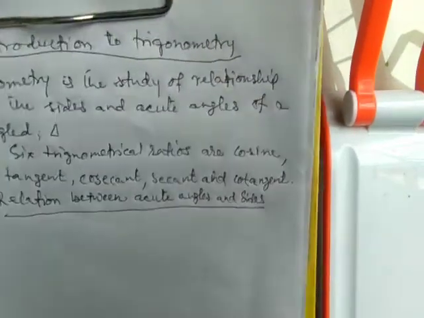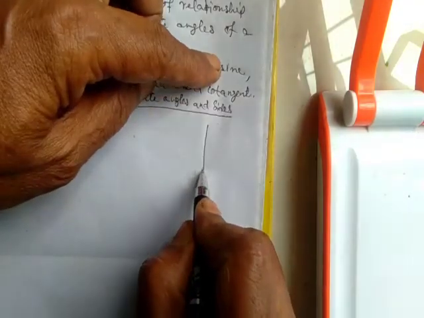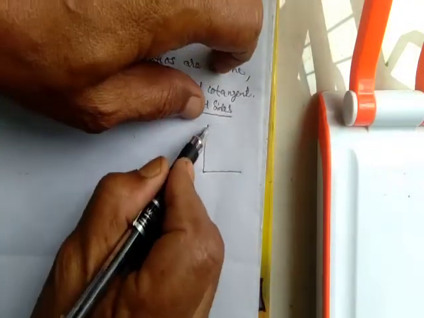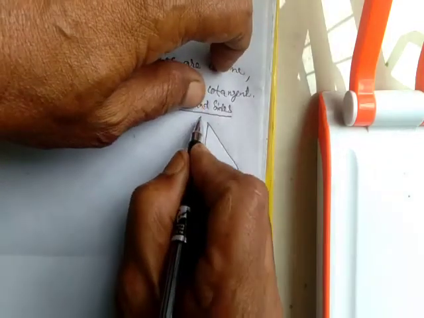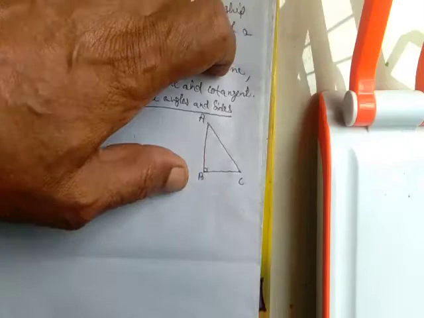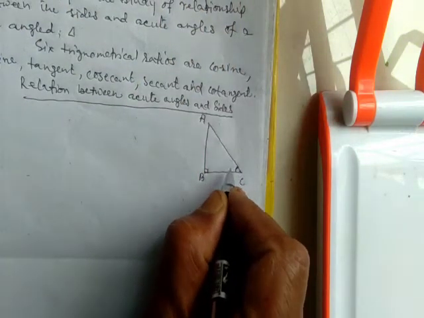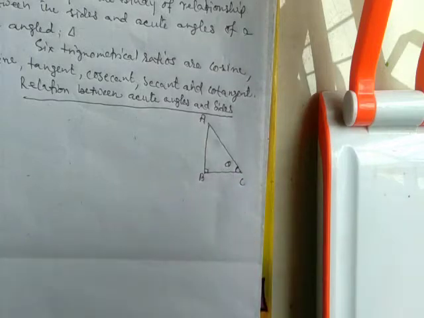So for that, first of all, I will draw a right angle triangle. I have drawn triangle A, B, C, and angle B is 90 degrees. Suppose this angle is equal to theta.